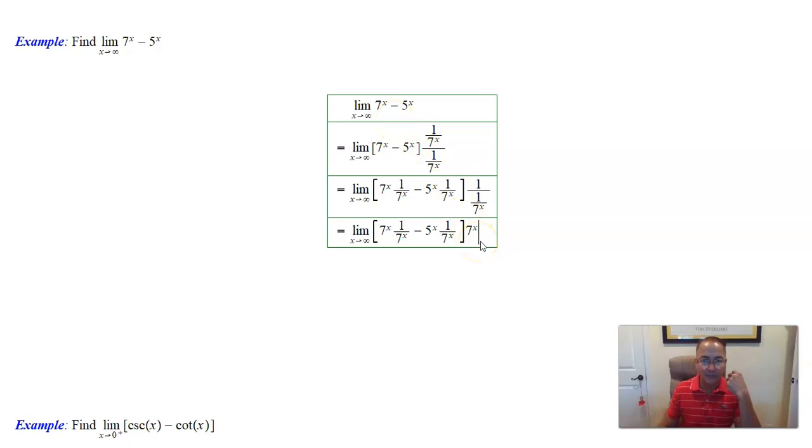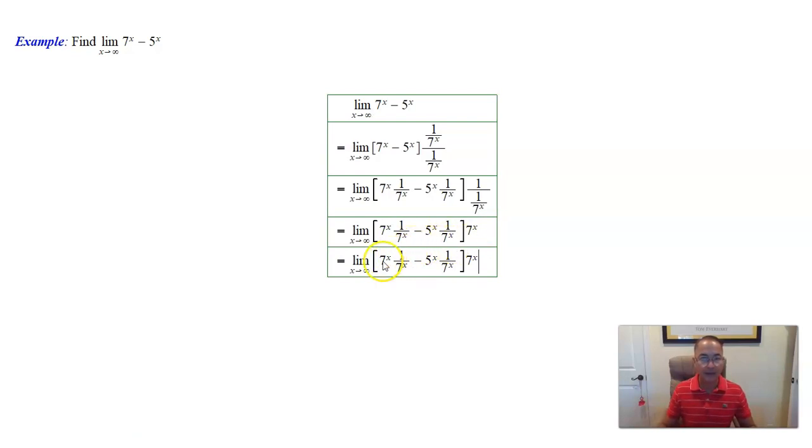So simplify further. We're going to get 7 to the x times 1 over 7 to the x. That's just 1. And we said that this is going to turn into 5 to the x over 7 to the x. One more time, I'm not going to waste a line. We can put these together as 5 over 7 to the power of x.